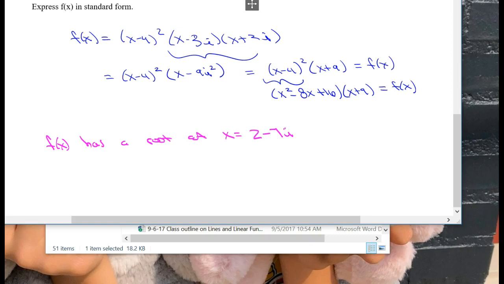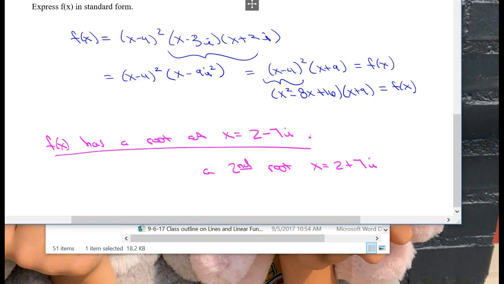If f of x has a root at 2 minus 7i, and there are no other roots other than possible conjugate roots. First of all, if f of x has a root at x equals 2 minus 7i, a second root has to exist where? A second root would have to be x equals 2 plus 7i.